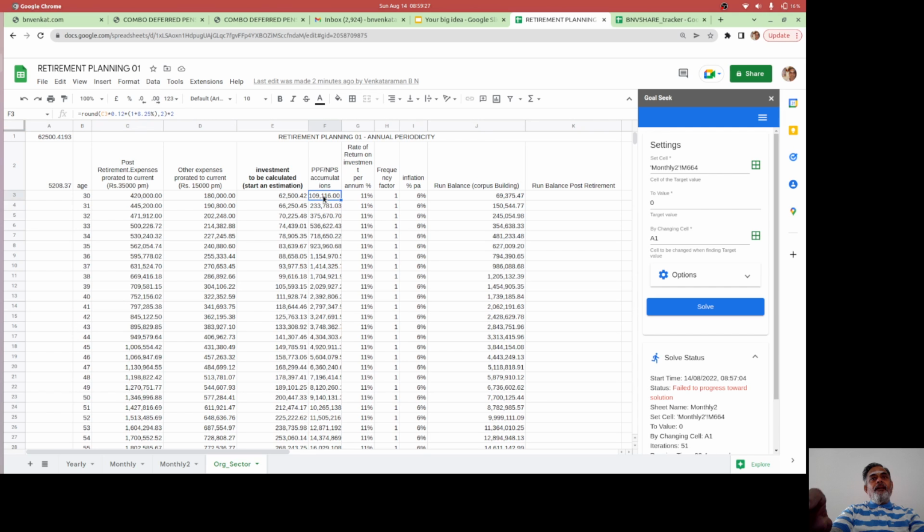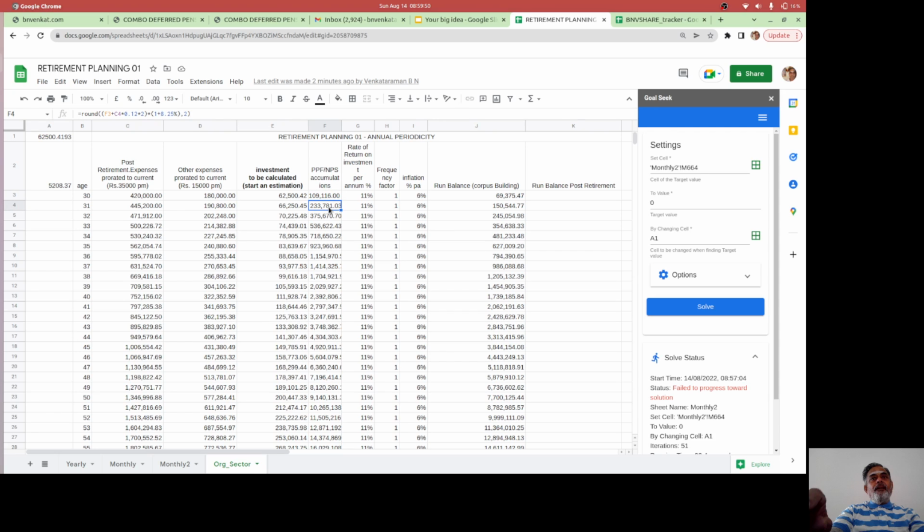For our NPS calculations, we are taking an interest rate of 8.25%. This is an approximation only. PPF, etc., is coming to 8.25%. In NPS, it may be slightly higher, but to be on the safer side, we can take it as 8.25%.